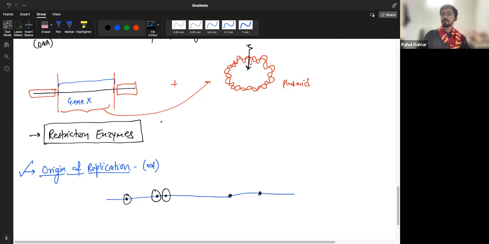For any DNA sequence, when this gene X was in the genome, it was getting replicated because in the genome there was an origin of replication somewhere. When I just specifically cut out this gene, it does not have an origin of replication now, right?